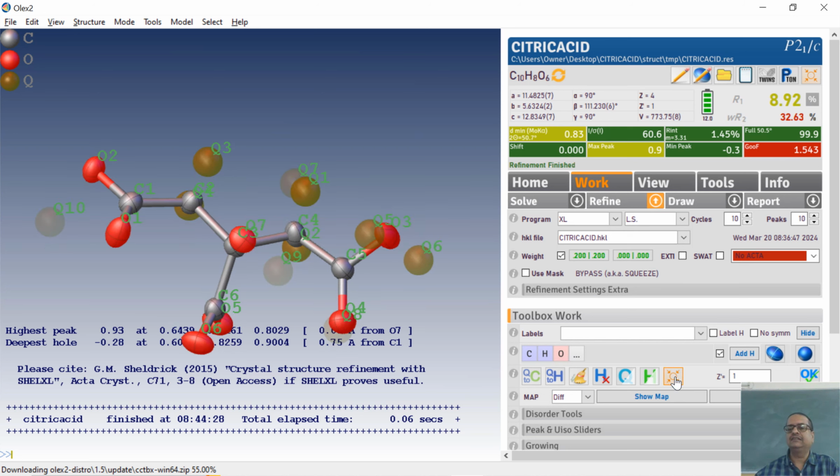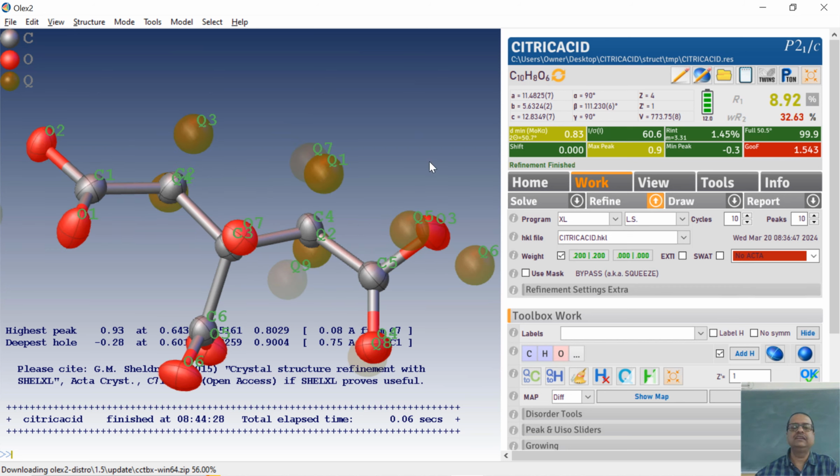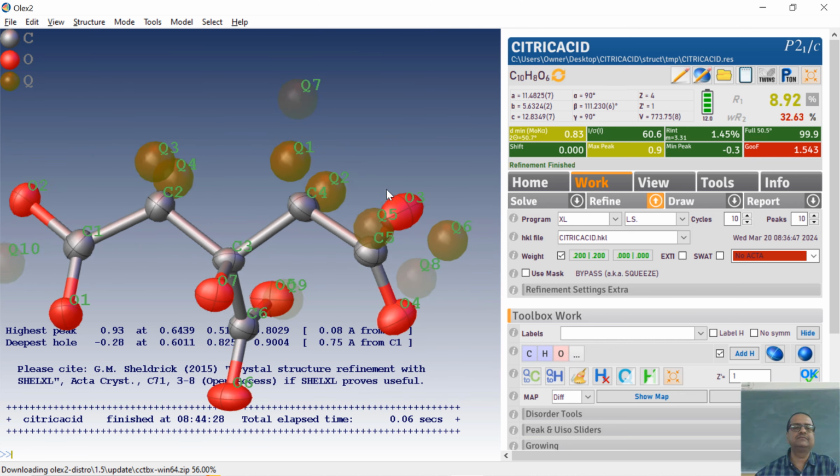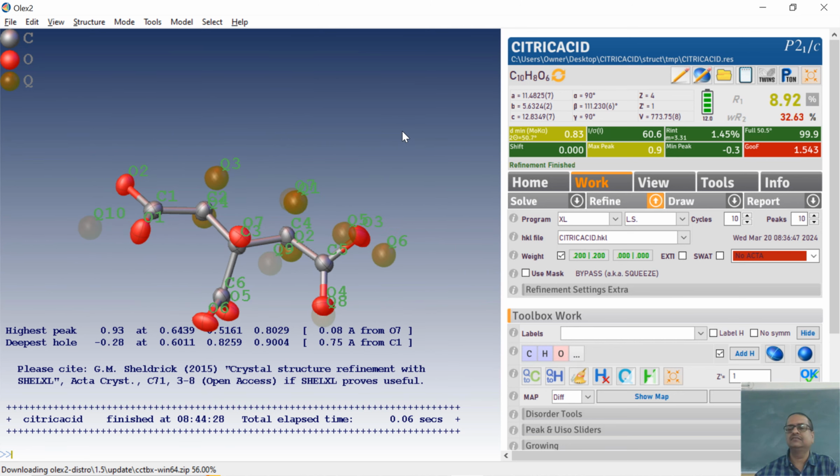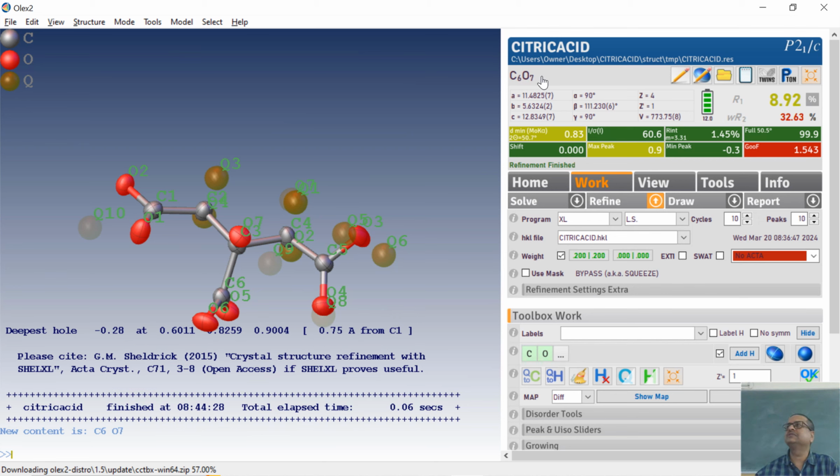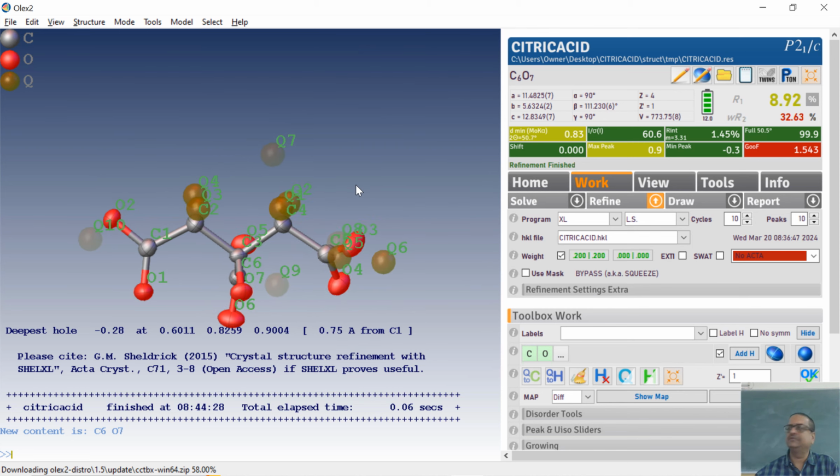One can click on that to see if you get anything better, if those electron densities come closer. If you click OK, what it will do is now update the structure factor atom number table. So if you click OK, it will modify how many carbons or oxygens are found. Hydrogens are still not identified.